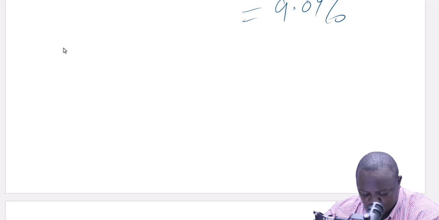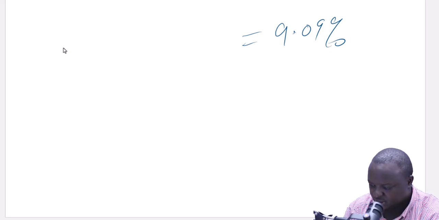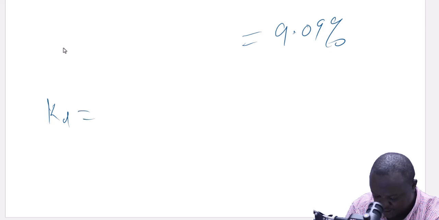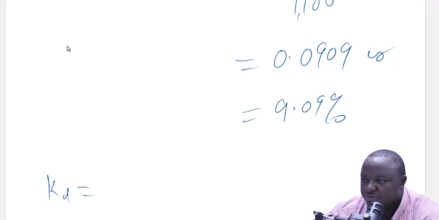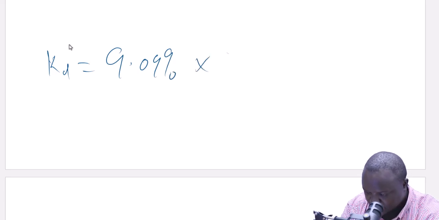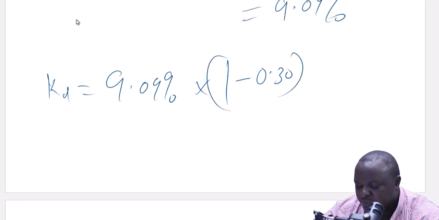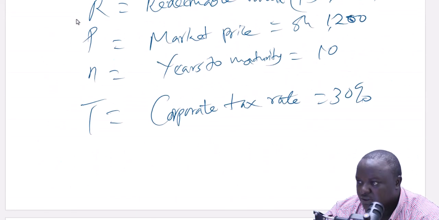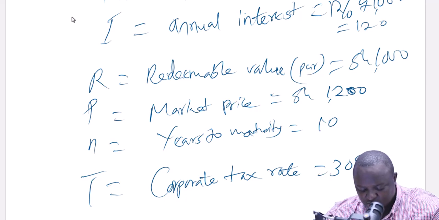Now to get the after tax cost of debt, KD equals the total return before tax we have calculated, 9.09%, times 1 minus 0.30, where 0.30 is the tax rate.